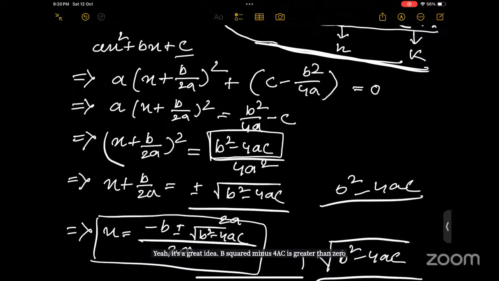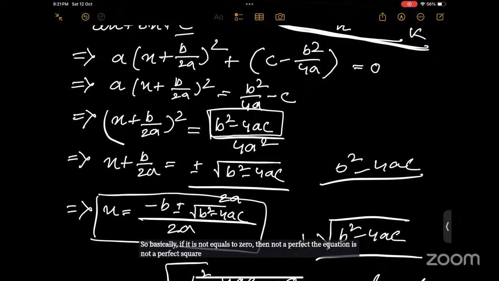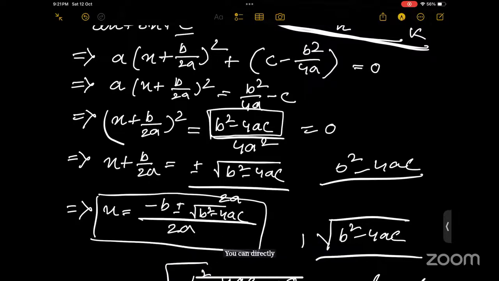We have two types of discriminant, perfect square and not perfect square. If it is not equal to 0, then the equation is not a perfect square. But if it is 0, then you can directly equate it with 0, and then the equation is basically a perfect square, right?